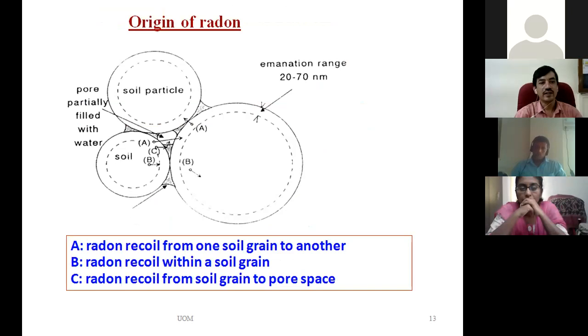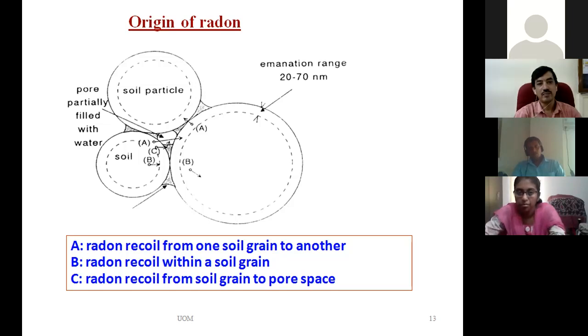How is radon emitted from the soil grain? This can be qualitatively understood by this diagram. Radon is emitted and gains initial kinetic energy by recoil velocity. When radium emits an alpha particle, radium becomes radon.